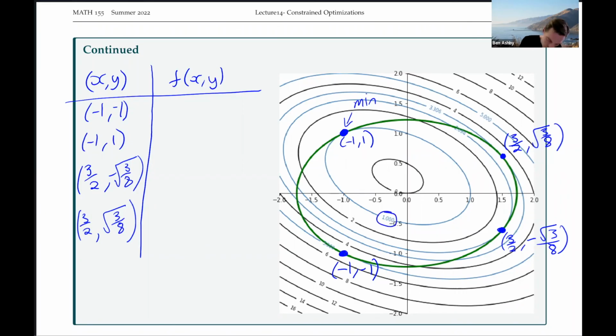So this here is a value of 1, so I can draw that in there. Minus 1, 1 is going to be a value of 1, and that's going to be a minimum. If we carry on going in an anti-clockwise direction, this one down here, we approach from below, and we just about touch our level curve equal to, in this case, 5.